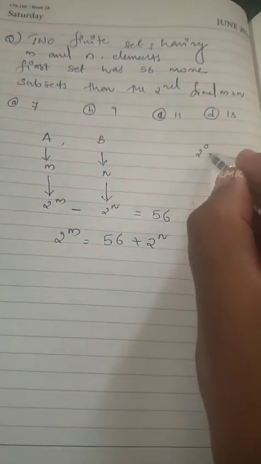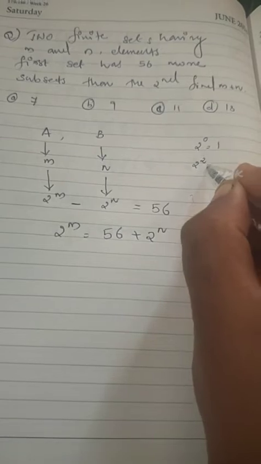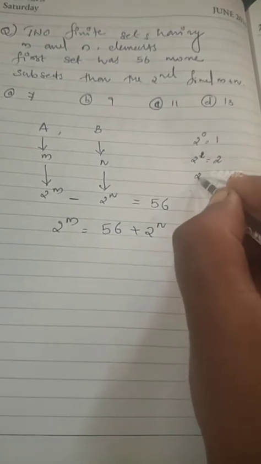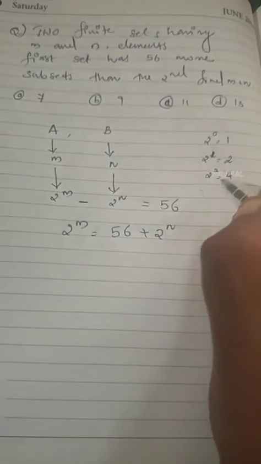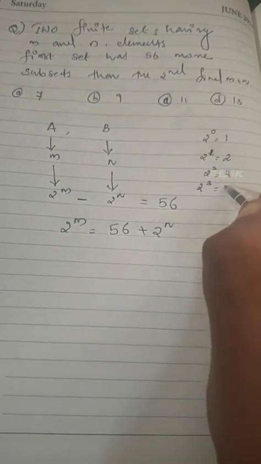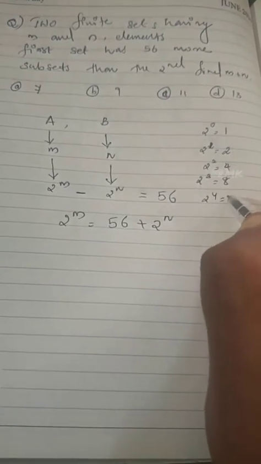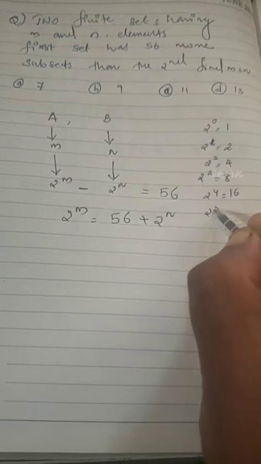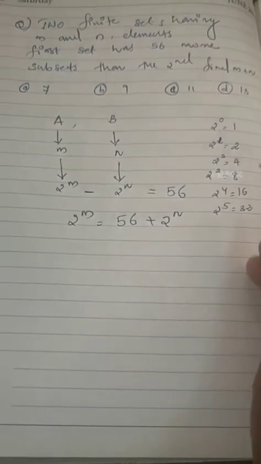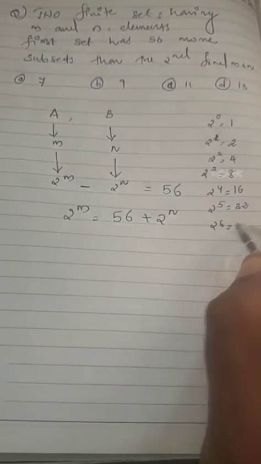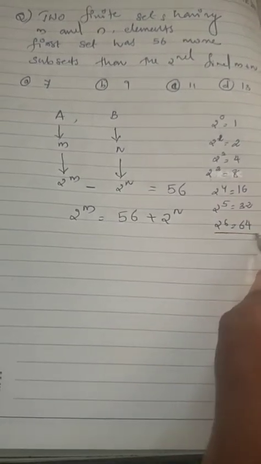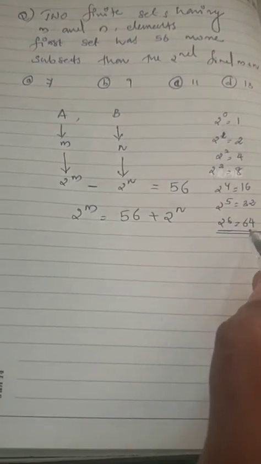Powers of 2 are 2 raised to 0 is 1, 2 raised to 1 is 2, 2 raised to 2 is 4, 2 raised to 3 is 8, 2 raised to 4 is 16, 2 raised to 5 is 32, 2 raised to 6 is 64. Therefore, the next power from 56 is 64.